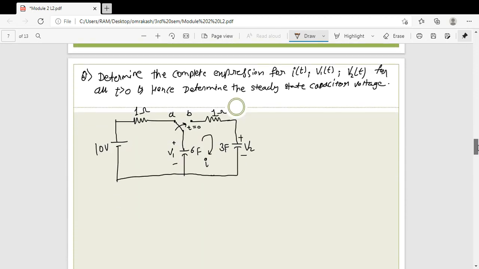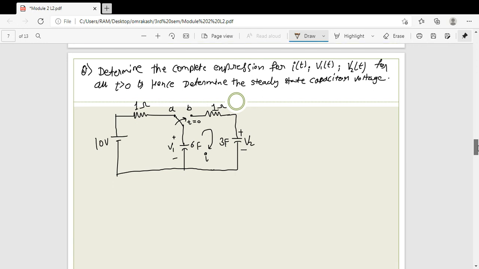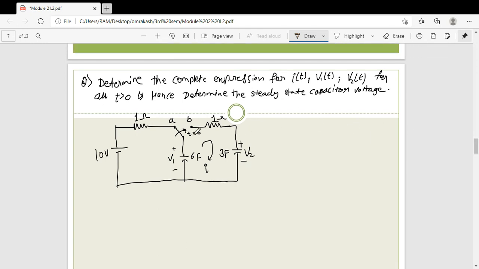Now this is the fourth question. Now see, here the switch operation: before the switch operation, the circuit is a 1 ohm resistor connected in series with this 6 farad capacitor, and a 10 volt source is connected in that circuit. Now after changing the position at t equal to 0, the circuit is source free.